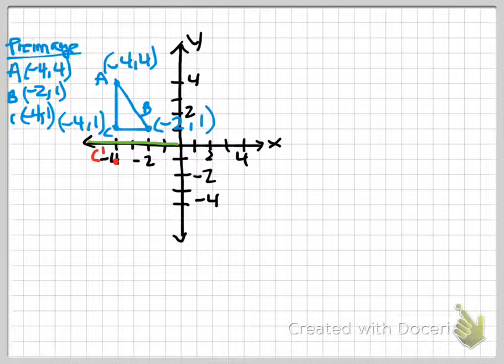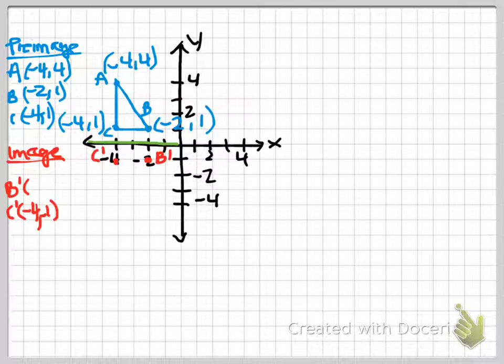So I can write, so my image, we've got C prime is at, let's see, -4, -1. And then B prime would be here. And B prime would be located at -2, -1.